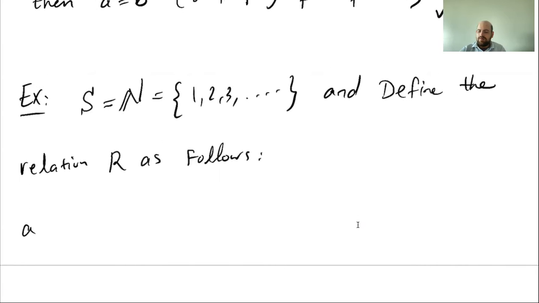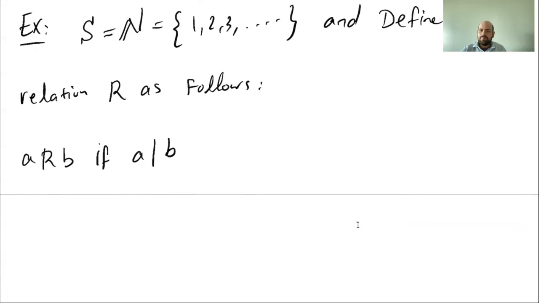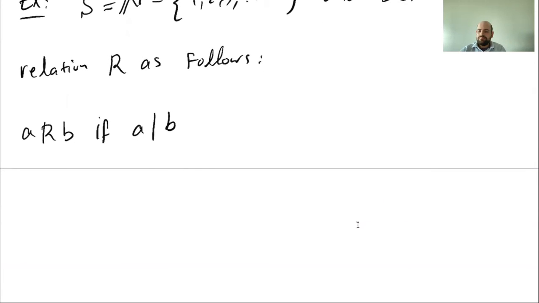A R B if A divides B. Then we can say that the set of natural numbers together with the dividing relation is a poset.